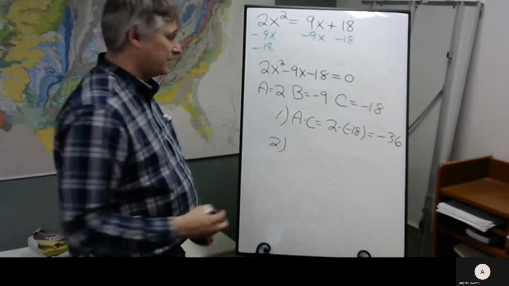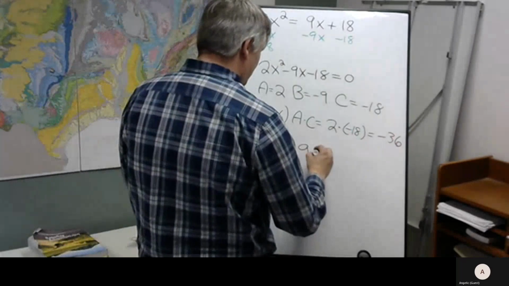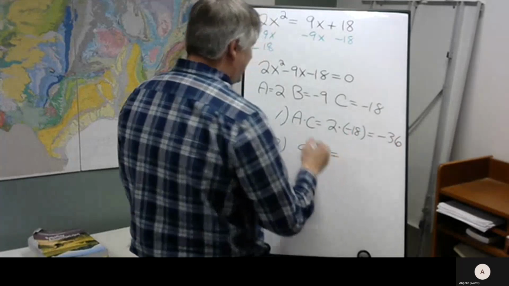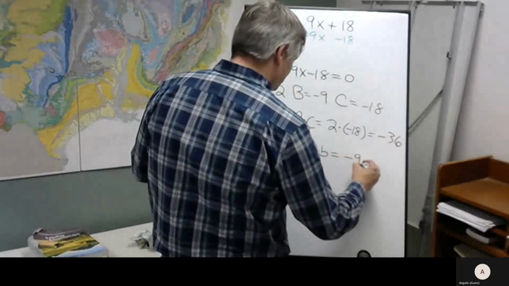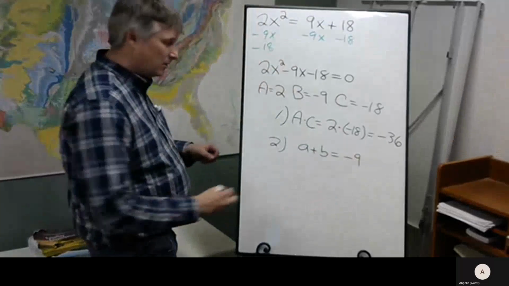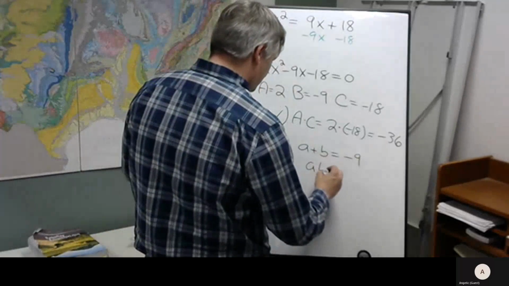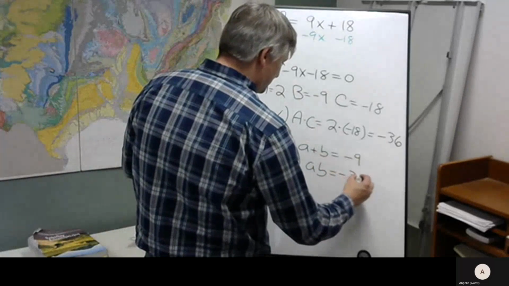So we need two numbers, A and B, that add up to -9, but they multiply to -36.